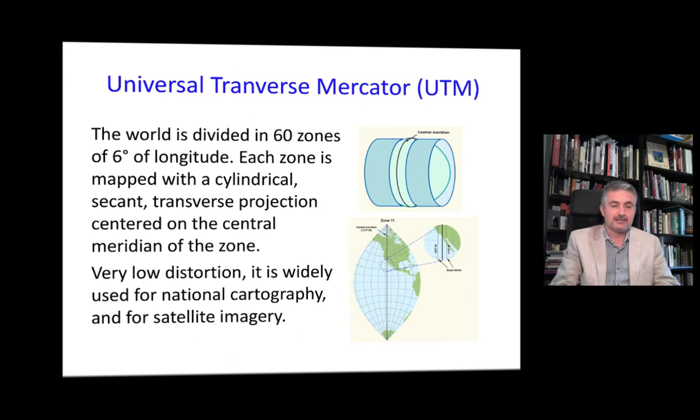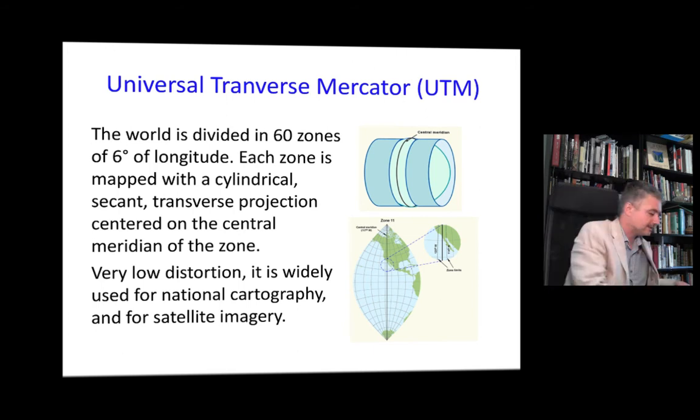The world is divided in 60 zones, each one is 6 degrees, 360 degrees, the total circumference of the Earth divided by 60, and each zone is mapped with an independent cylindrical projection. So instead of having one single continuous map, we have 60 maps, each one obtained with a separate cylinder.